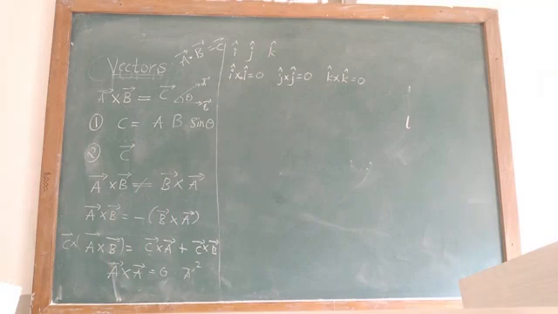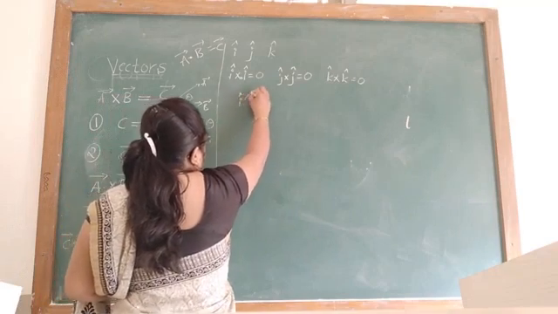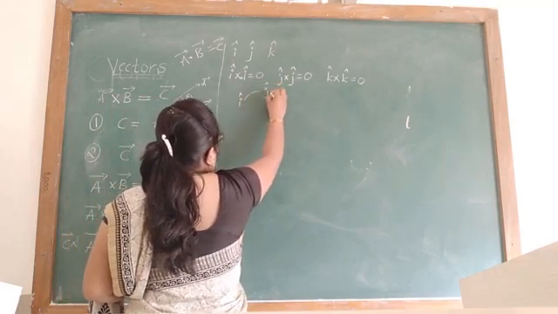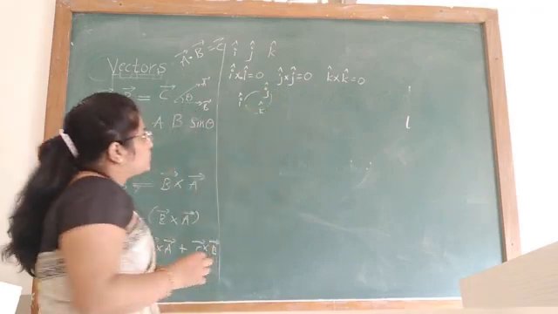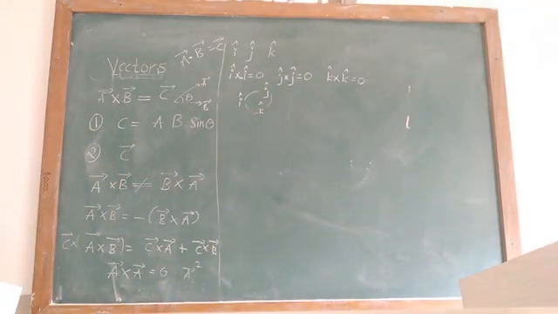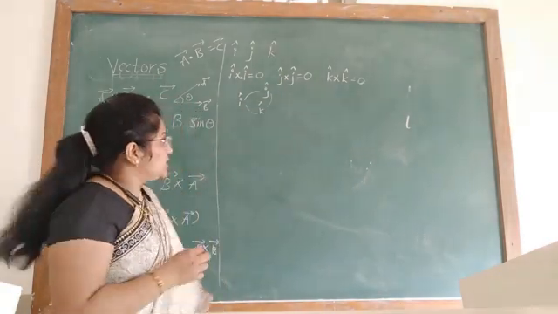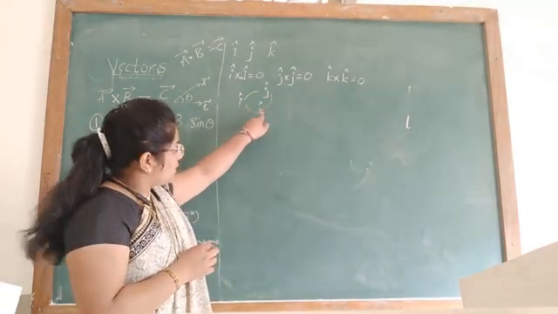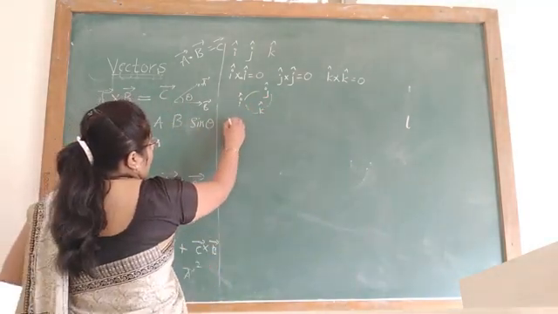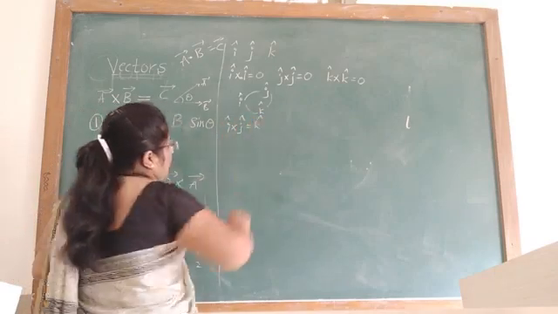In the same way, if you consider i, j, k in a rotational manner, like this: i, j and k. Then i cross j, the remaining one is k, so i cross j is equal to k cap.